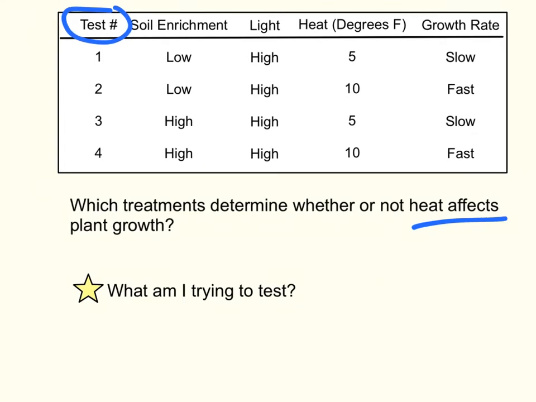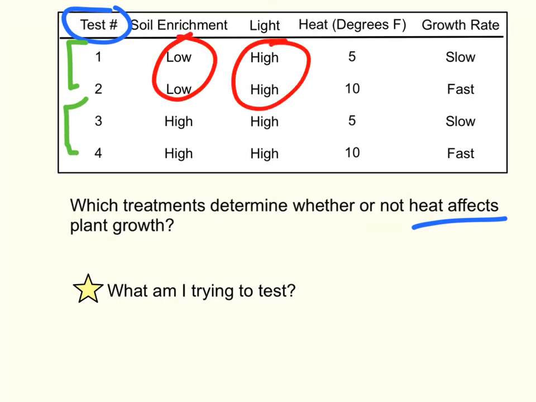In our example, this would be tests 1 and 2 and 3 and 4. Because soil enrichment and light stay constant between the two separate sets of trials, but heat changes.